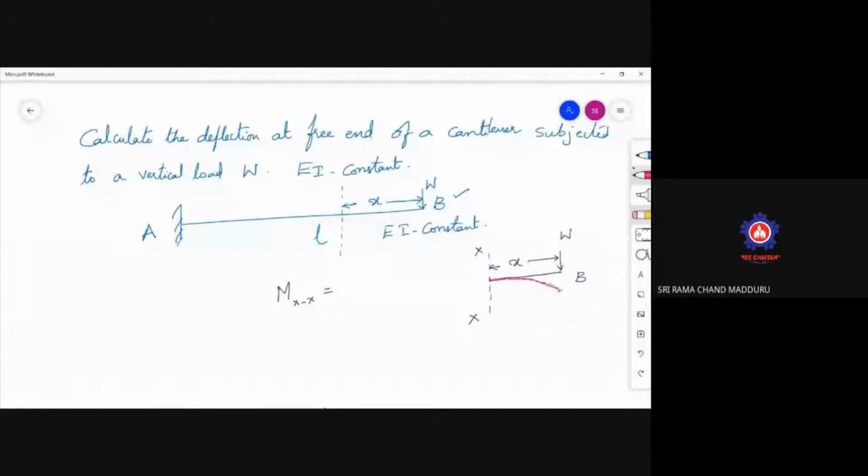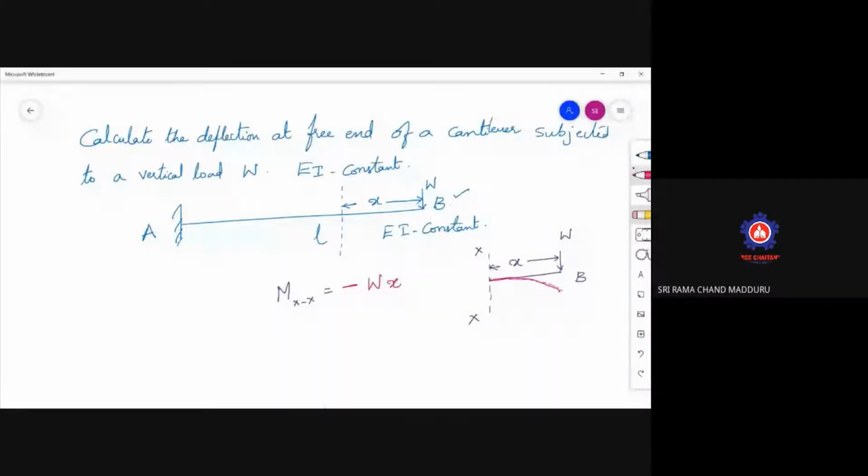So hogging moment is negative, hence minus W into x. Sagging will be considered positive, hogging will be considered negative.